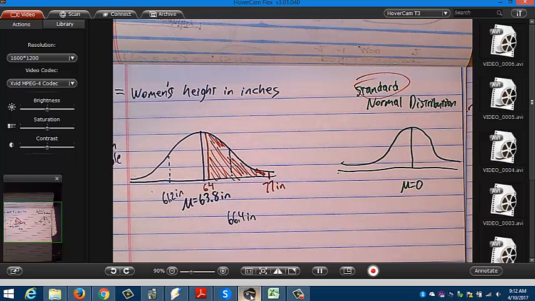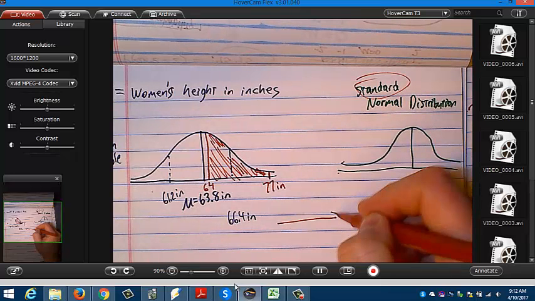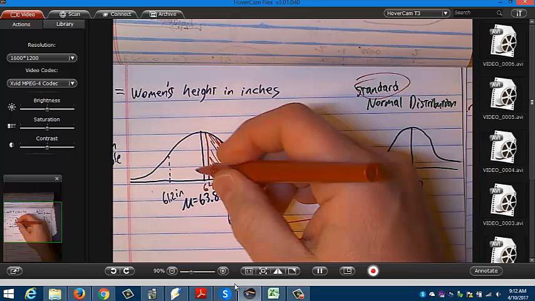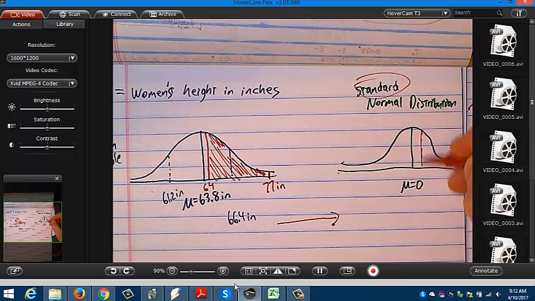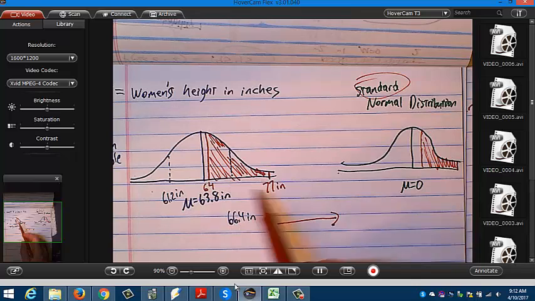How do we compute it? Well, you don't know what to do. What you do is this. We're going to do a transformation of this problem to a standard normal distribution problem. In other words, I have to find the z-scores that correspond to each of these.